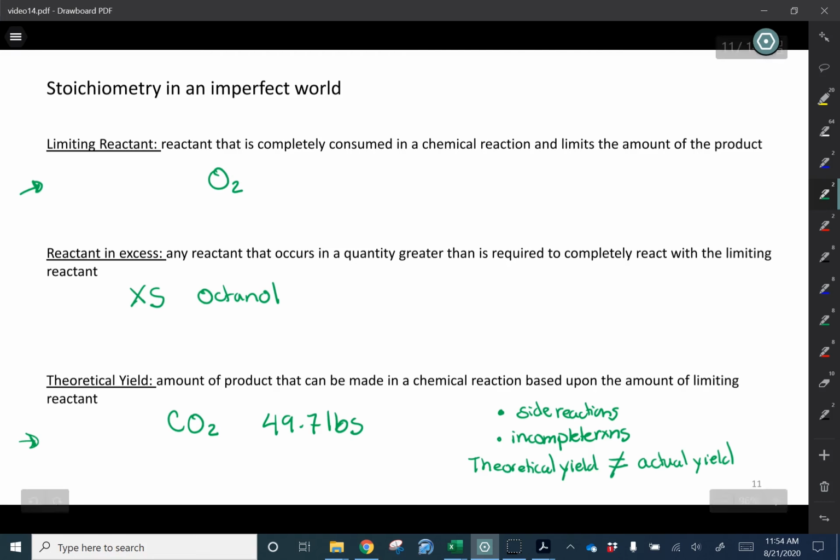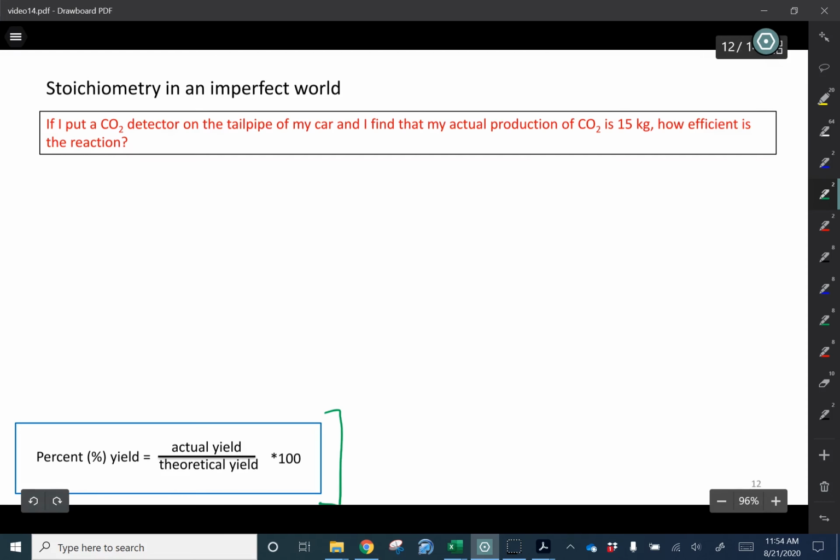So in order to figure out the efficiency of a reaction, in chemistry we calculate the percent yield. This is telling us how efficient a reaction is. And in order to do that for this particular example, we would need to determine how much CO2 we're actually making.